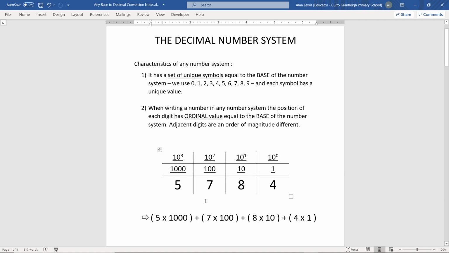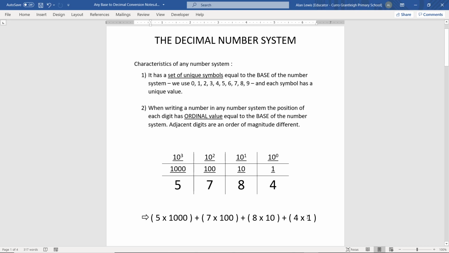So let's have a look at this number that we've got here, 5,784. It means that we have got 5 thousands. So you've got 5 times 1,000, plus we've got 7 hundreds, plus we've got 8 tens, 8 times 10, plus we've got 4 ones.